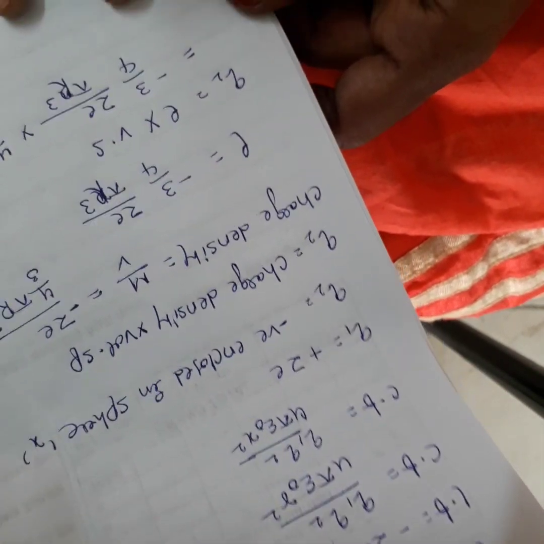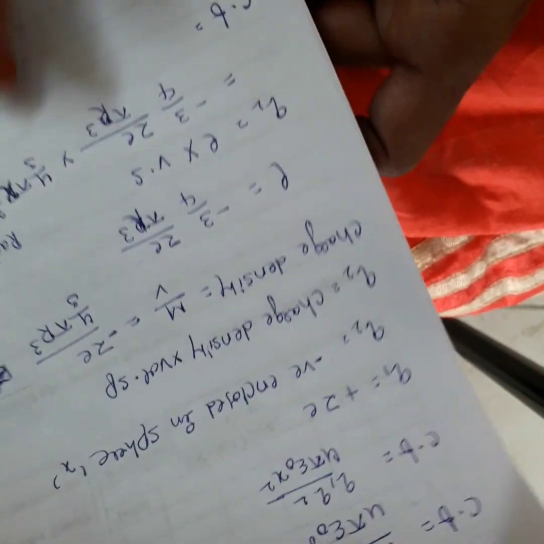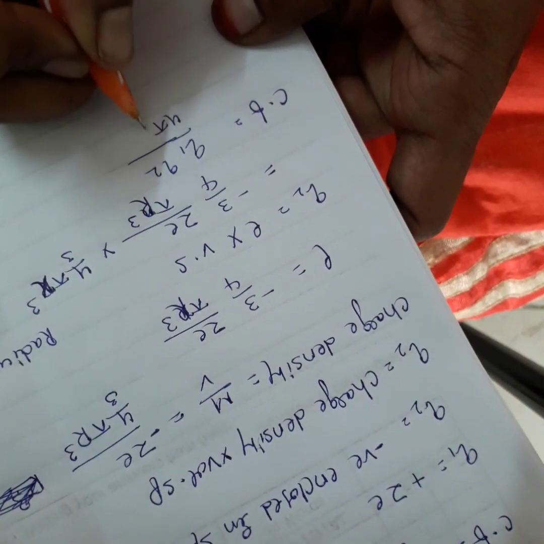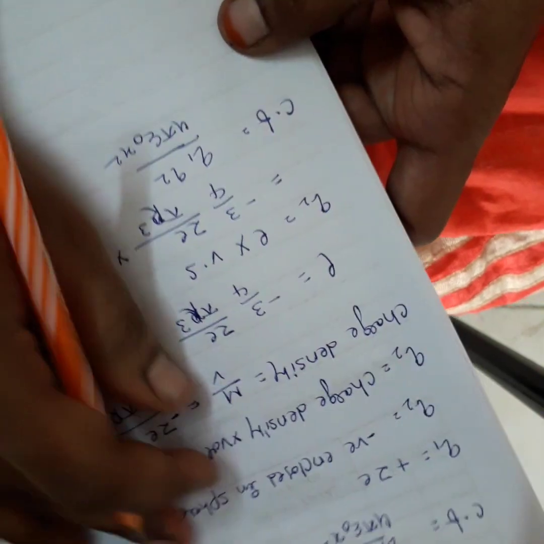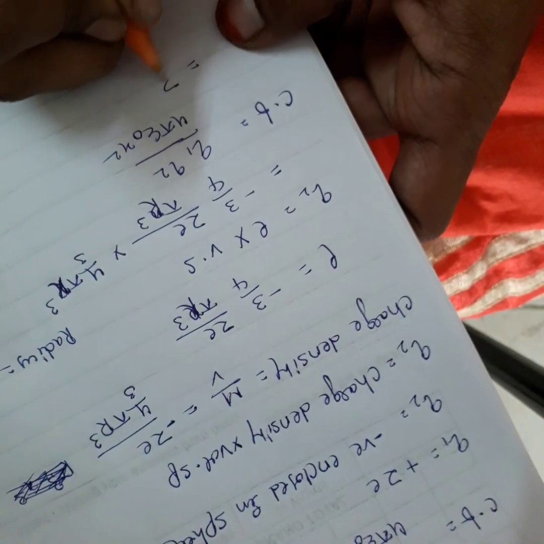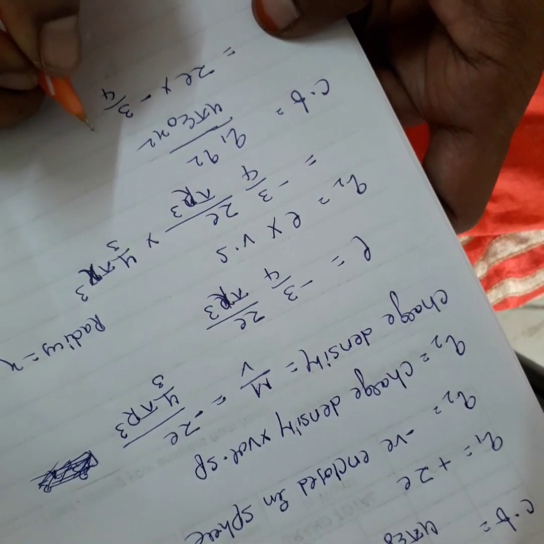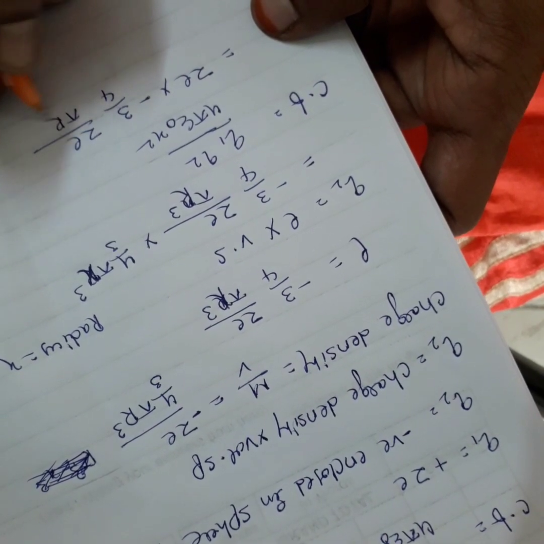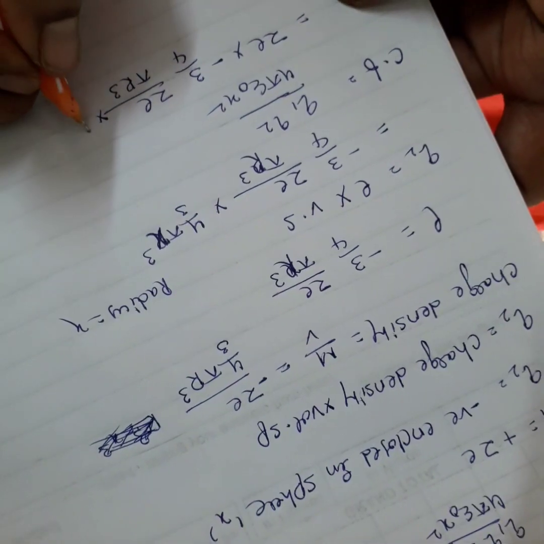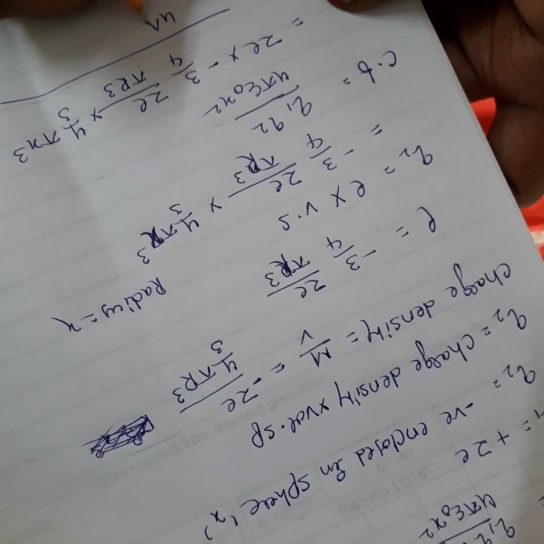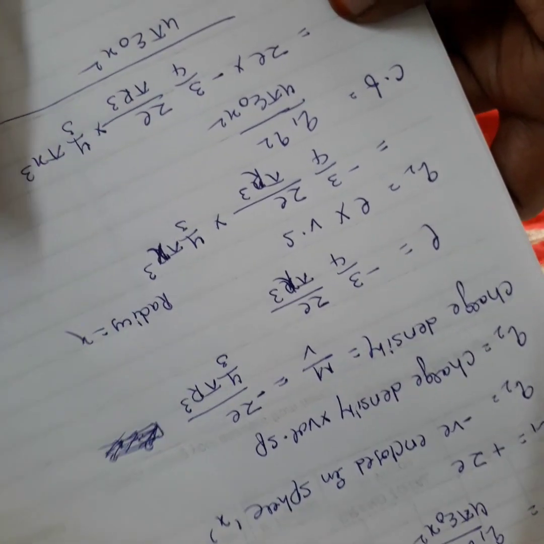Now from the Coulomb force, Q1 Q2 by 4 pi epsilon naught into x square, Q1 we already know will be Ze, and Q2 is minus 3 by 4 Ze by pi r cube into 4 by 3 pi x cube, divided by 4 pi epsilon naught into x square.